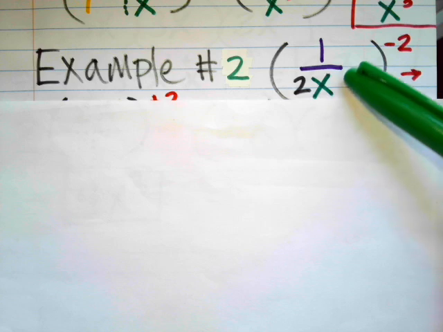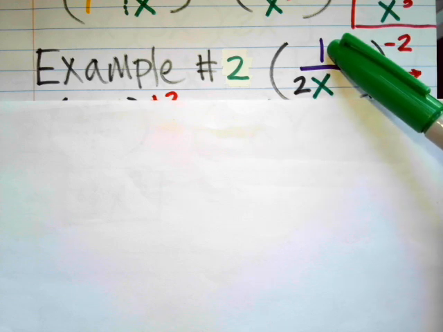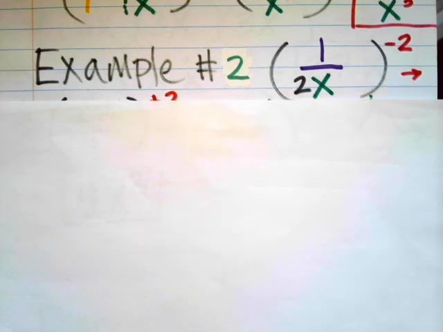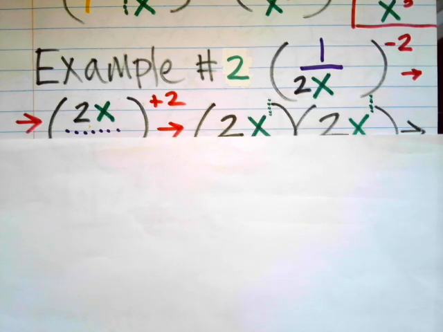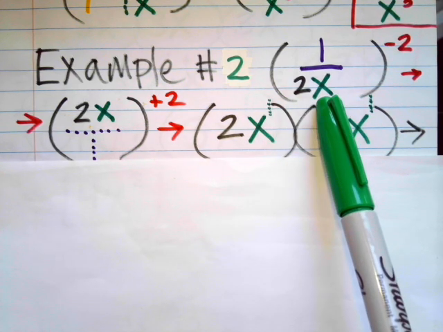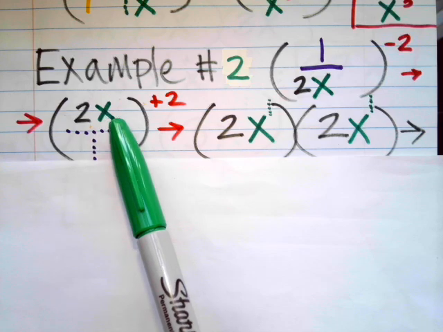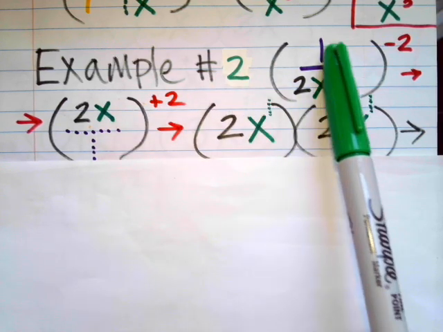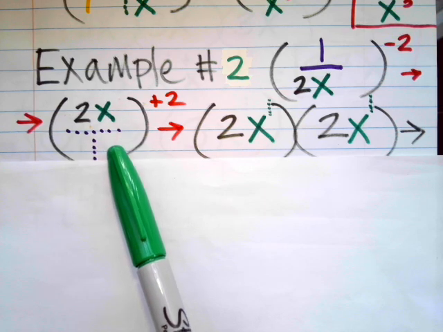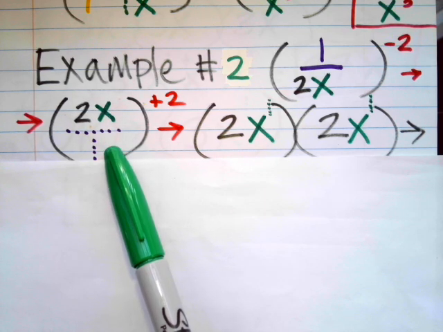So 2x will be the numerator and 1 will be the new denominator. That will change that negative 2 into a positive 2, and you can see that here. So again, 2x that was in the denominator is now in the numerator, the top part of the fraction. That 1 on top now becomes the invisible one underneath that term 2x.